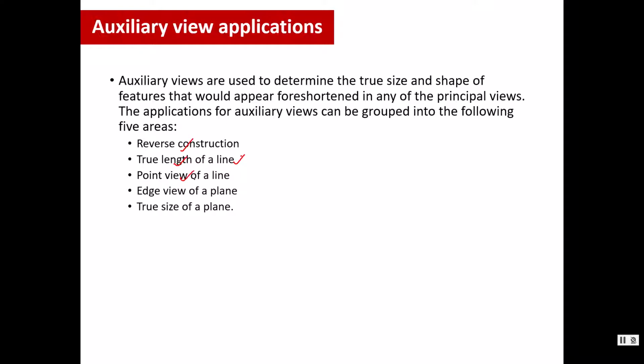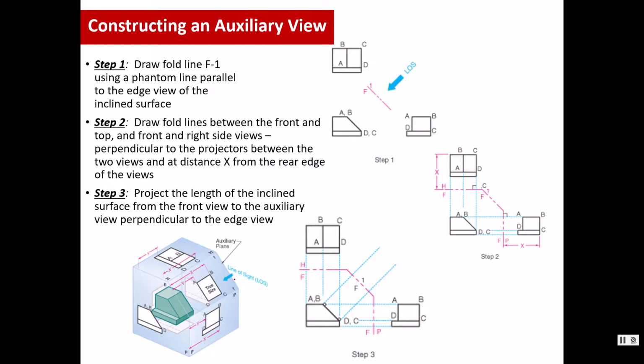The point view of a line, edge view of a plane, true size of a plane. In conclusion, why we need the auxiliary view is to get the size and the length and all the information in that plane that cannot be represented by the six principal views. And how do we construct the auxiliary view?